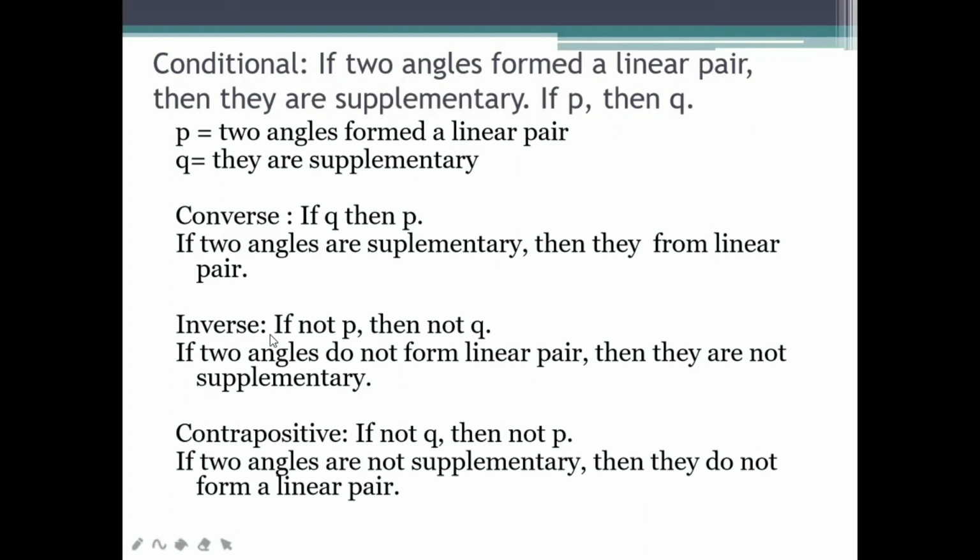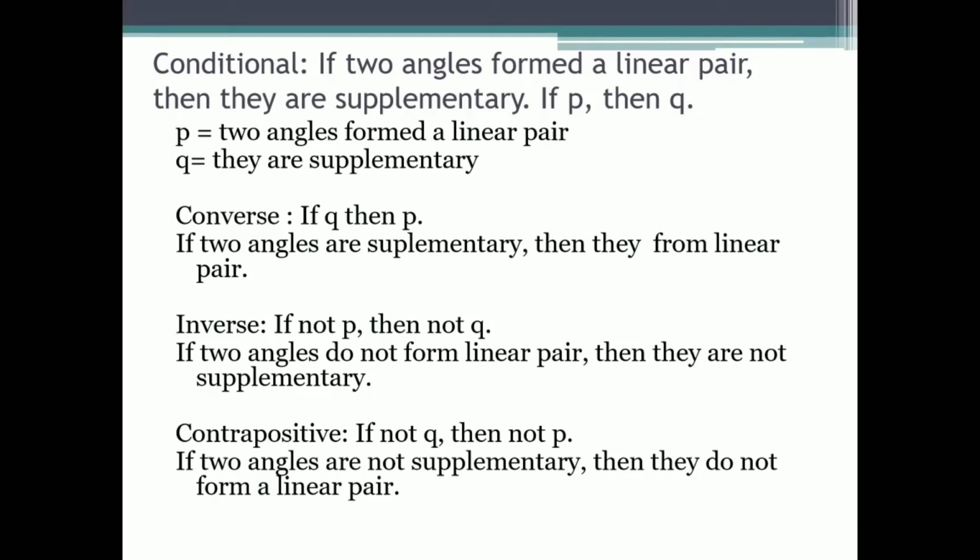Next, the inverse. The inverse statement of the given conditional is if not P, then not Q, meaning both P and Q are negated, or negative statements. So our P, or the hypothesis: if two angles do not form a linear pair.